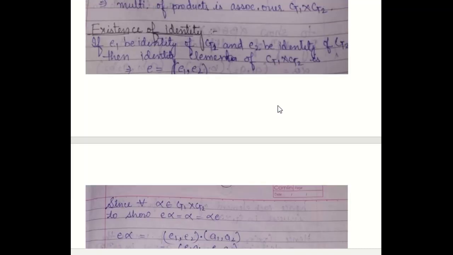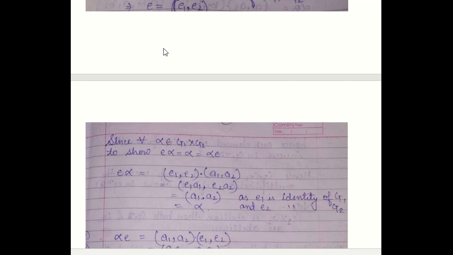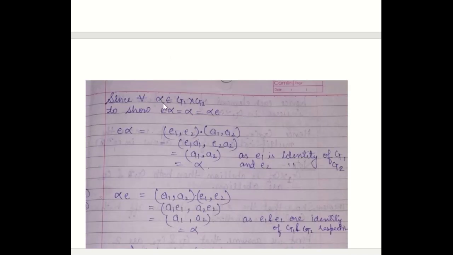So to show this E is an identity element, we take any arbitrary element alpha belonging to G1 cross G2. Already we have defined that alpha is equal to (A1, A2). So now we show if E is the identity, then E alpha is equal to alpha E. So first we consider E alpha and we use the definition of product. We will get (E1 A1, E2 A2).